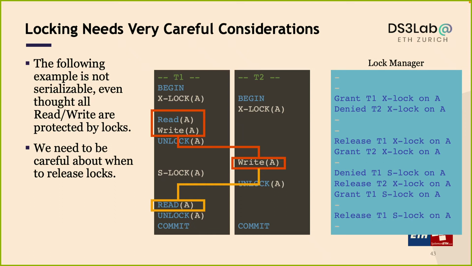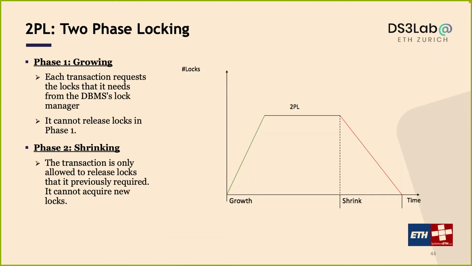One way to enforce that is by doing something called two-phase locking, which works as the following. It actually partitions the transaction into two different phases. So the first phase is the growing phase. In this phase, you can only acquire locks. Okay? You cannot release locks.